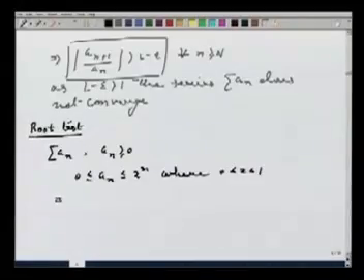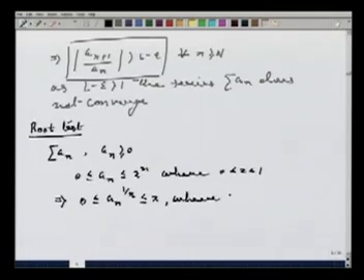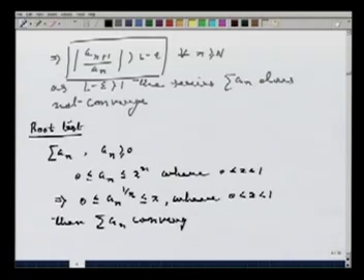This implies that if my condition was that 0 less than or equal to a_n to the power 1 by n less than or equal to x, where 0 < x < 1, then summation a_n converges. Because a_n to the power 1 by n less than or equal to x would imply that a_n is less than or equal to x to the power n, and then I can compare.